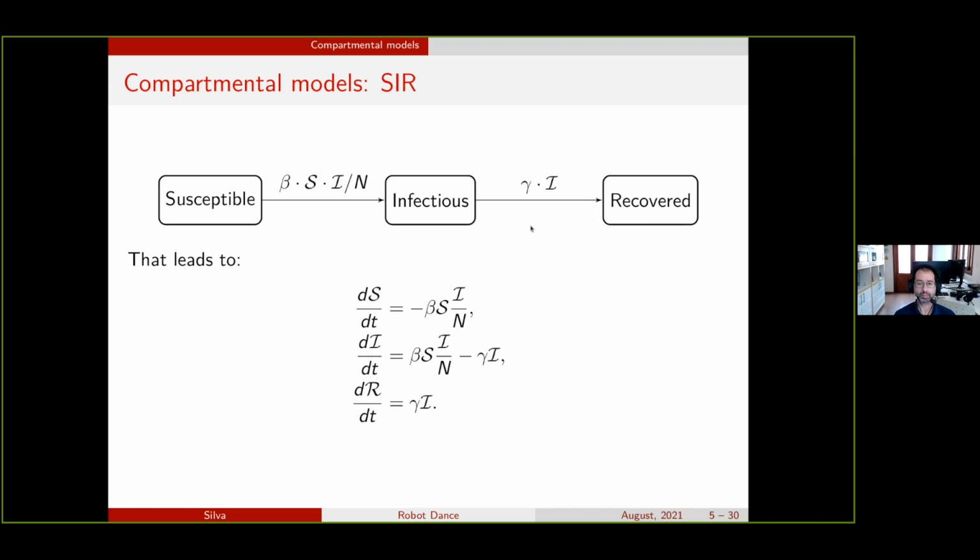And then you model the idea that you have a disease that is transmitted by contact between people, and once two people have a contact, there is a probability that the infection can spread, that the person might contract the disease.